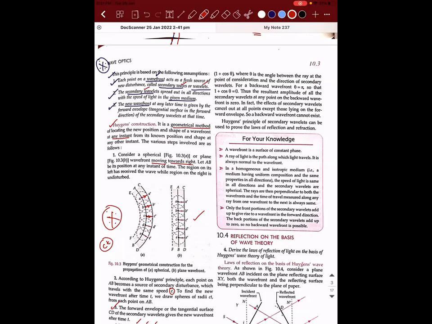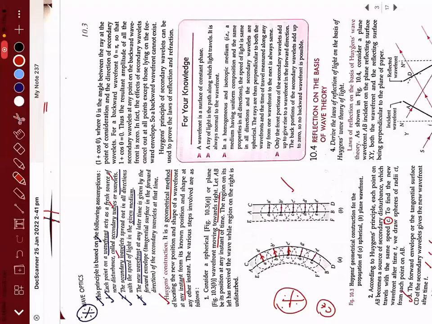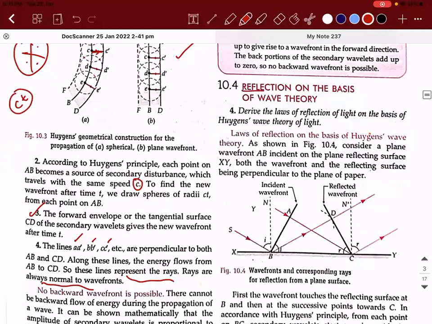So write down the next concept: we are going to explain the concept of reflection of light on the basis of wave theory. We are going to prove the laws of reflection on the basis of Huygens wave theory.